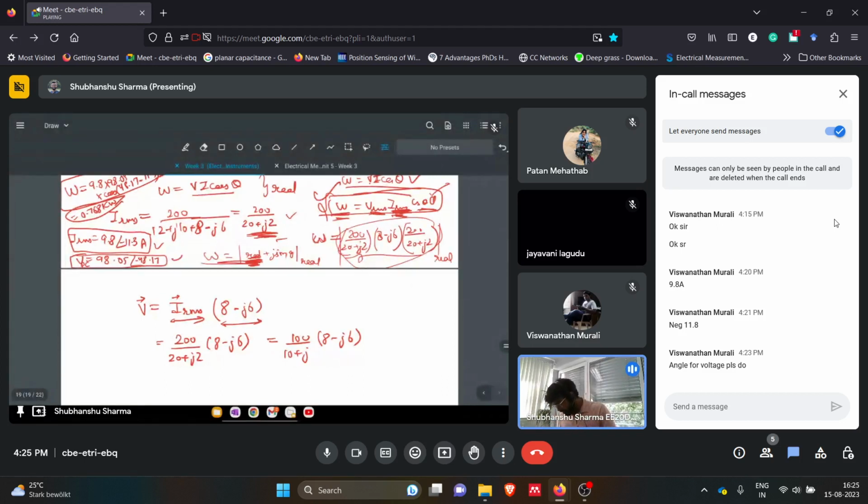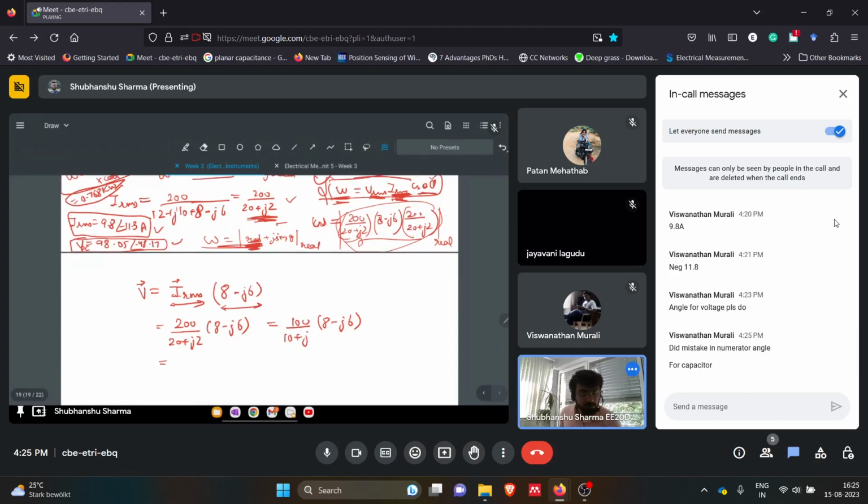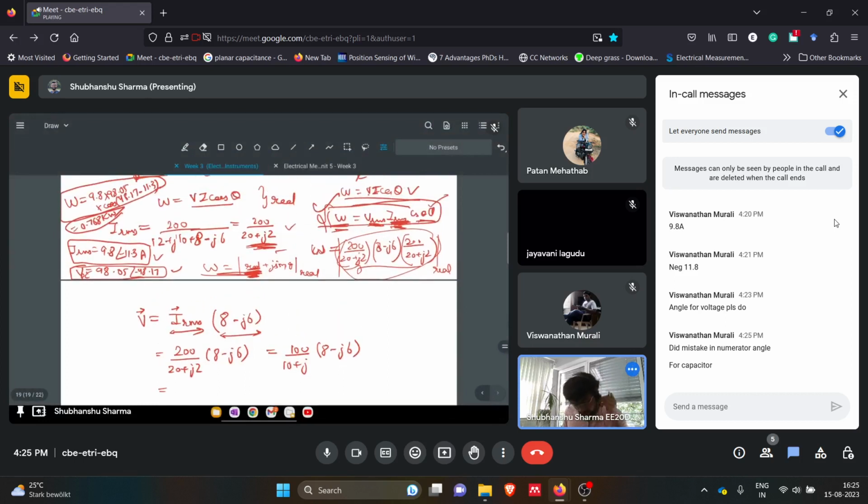So it will be 200 into 8 minus 6 shift iota, divided by 20 plus shift iota. So according to my calculations, there was a mistake in the numerator angle. Numerator angle. Did I do it or did you? I don't know.